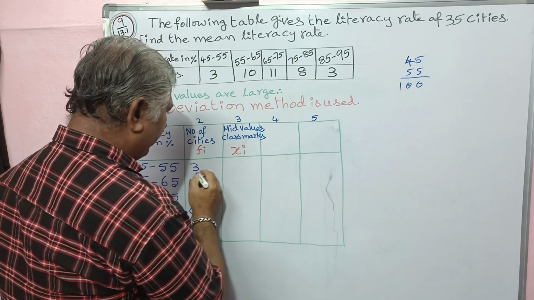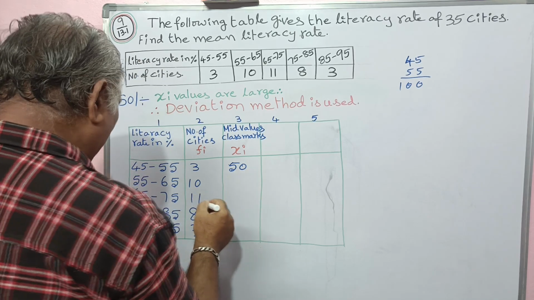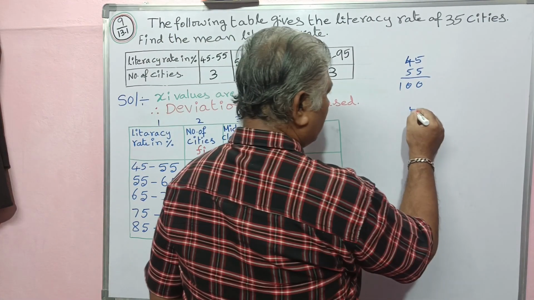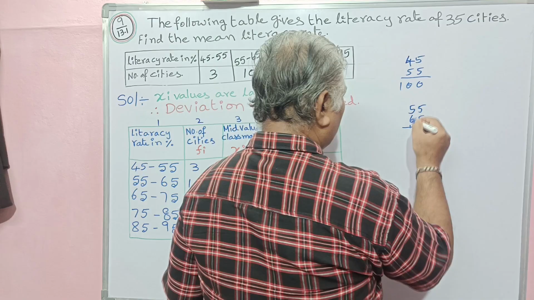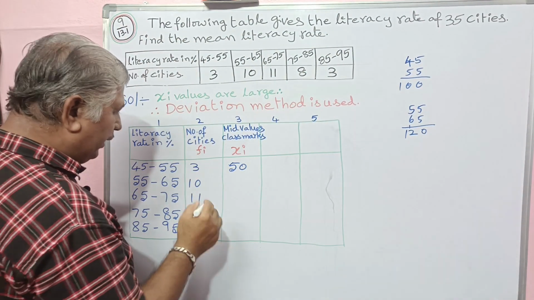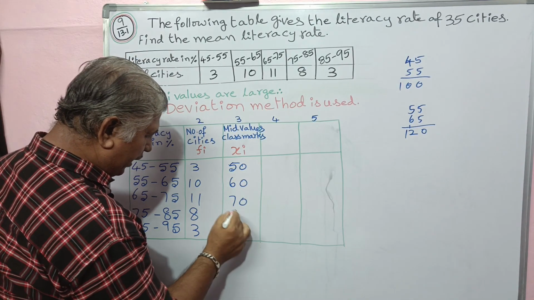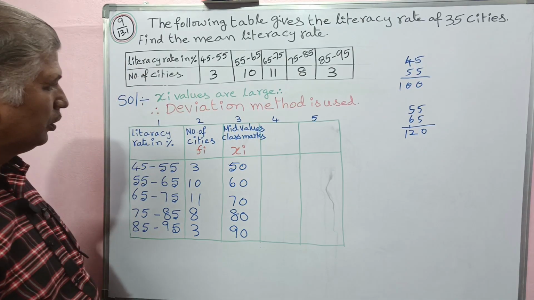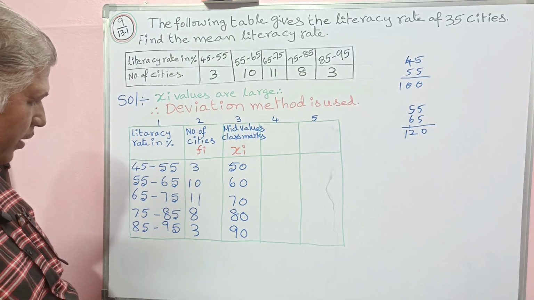Half of the 100 is 50. 55 plus 65 is 120. Half of the 120 is 60. Similarly, it is 70, 80, and 90. So, class marks are 50, 60, 70, 80, 90.